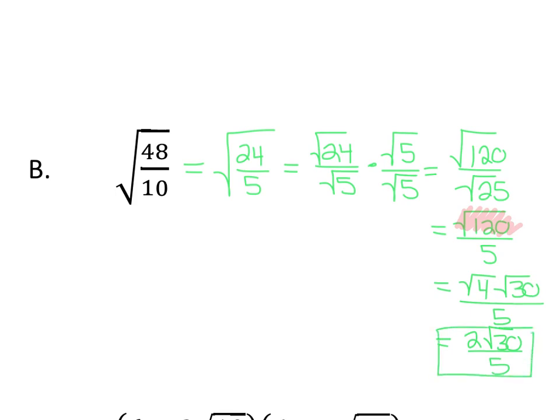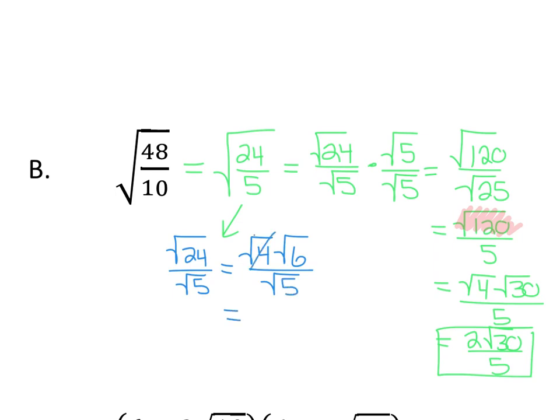The second way I could have done this, I'll do in a different color, is I could have taken the square root of 24 over the square root of 5. Square root of 24 is the square root of 4 times the square root of 6, all over the square root of 5. Square root of 4 is 2, so 2 root 6 over the square root of 5.